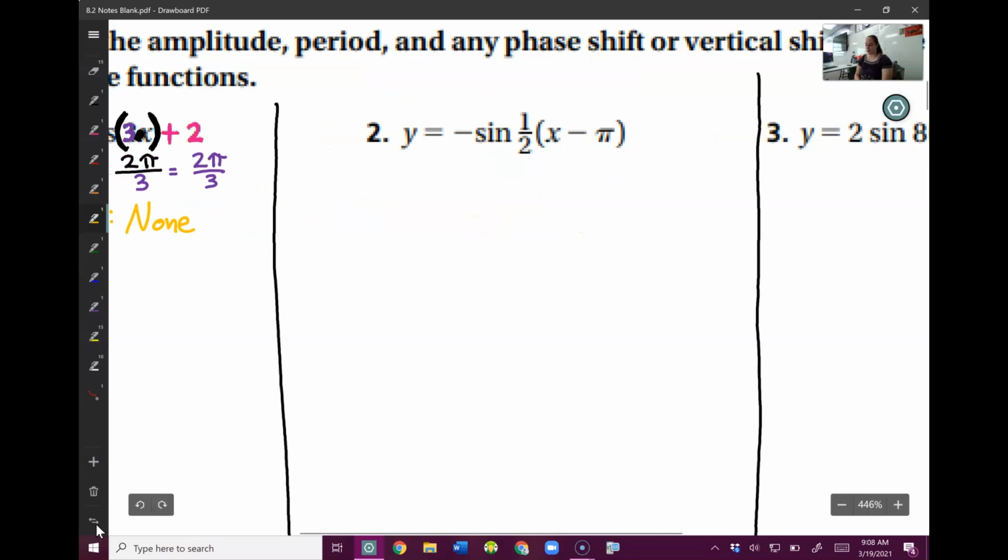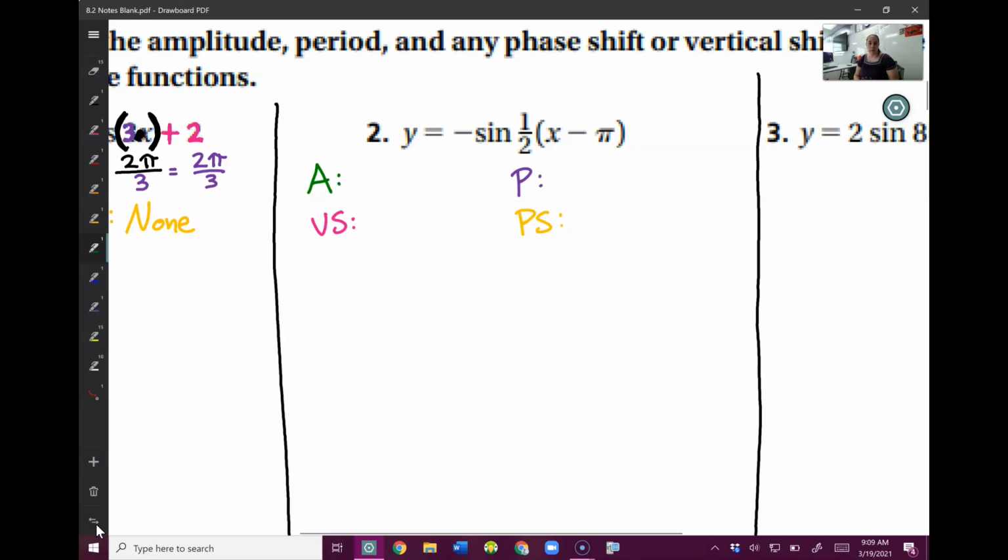So let's try number 2. Amplitude, period, vertical shift, phase shift. And let's try to fill these in. I'm not going to look back at the table this time. I want you to try to not look back at the table. Try to get these down.